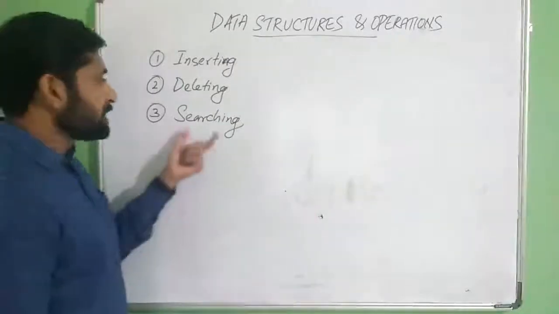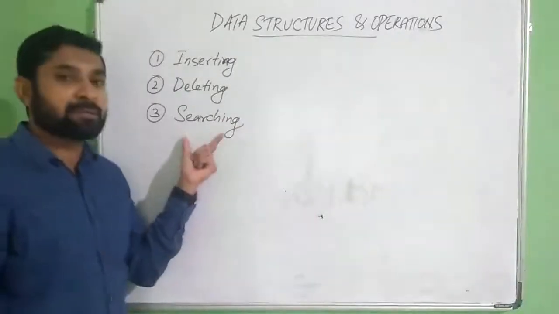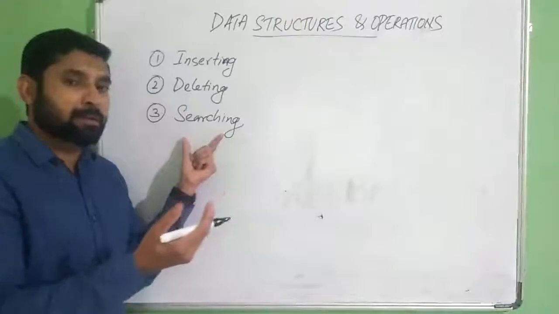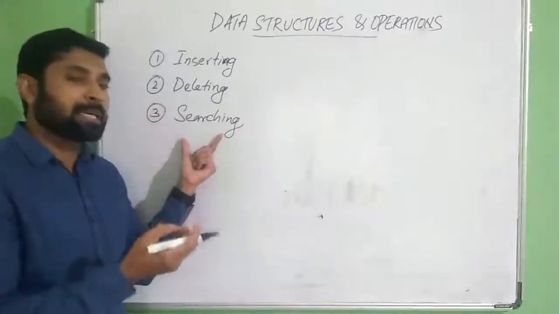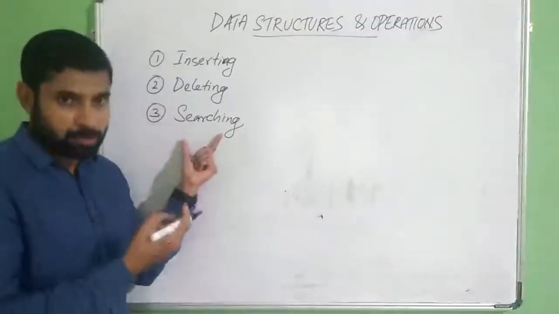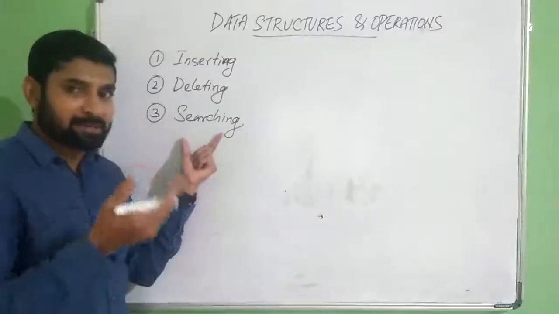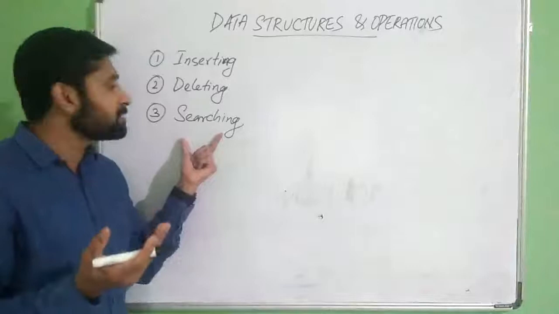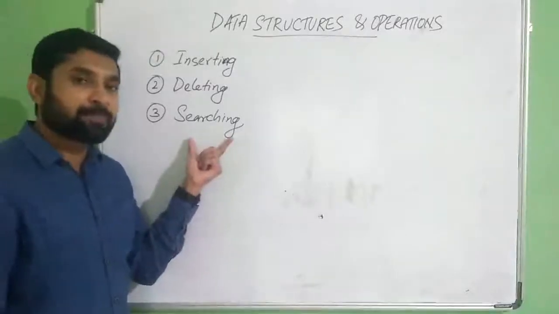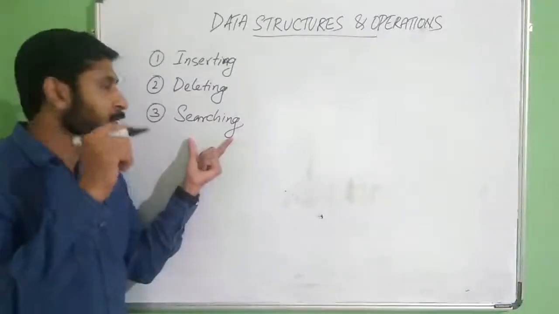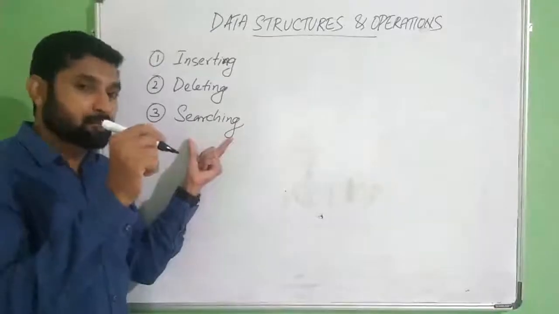Then we have searching. What is searching? We have learned that searching means checking whether a particular item is present in the list or not. There are two methods we have learned: linear search and binary search. So searching is checking whether a particular item is present in the list or not.